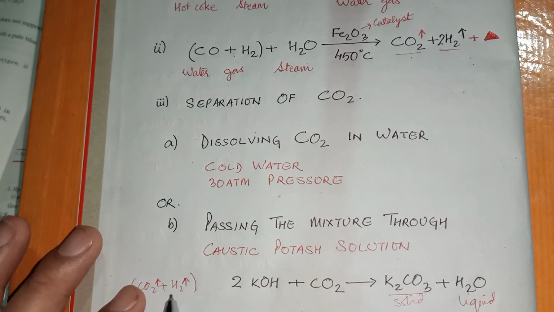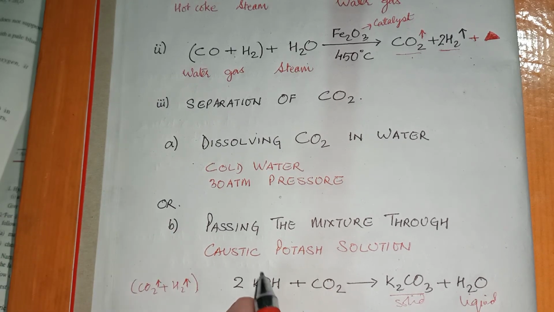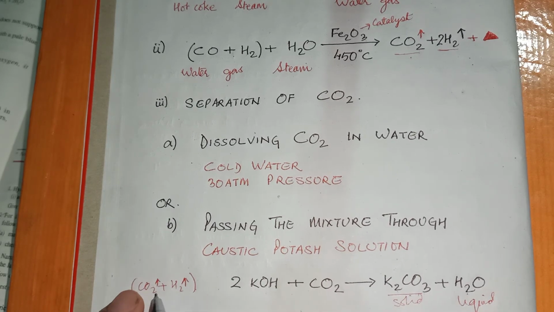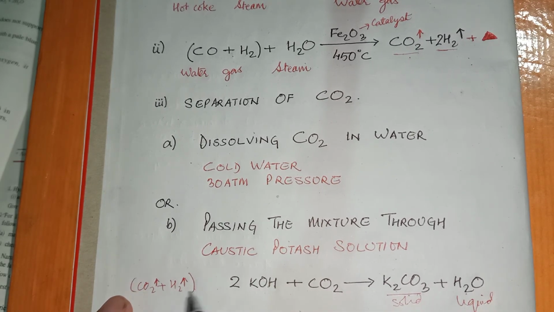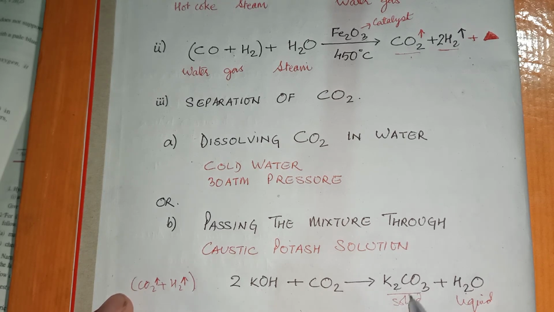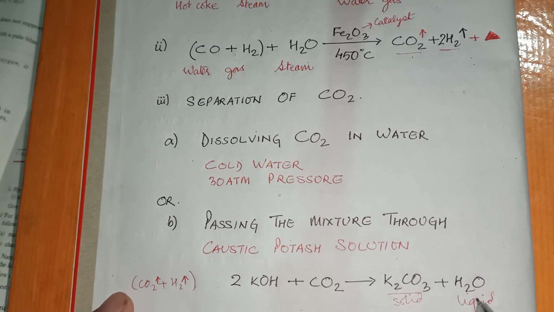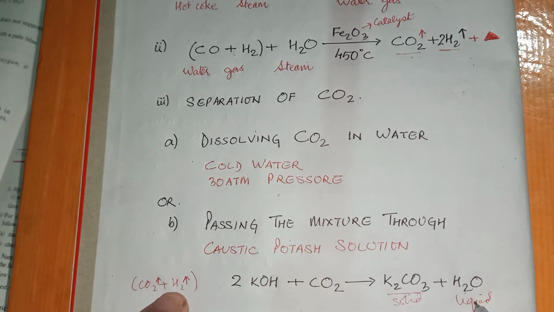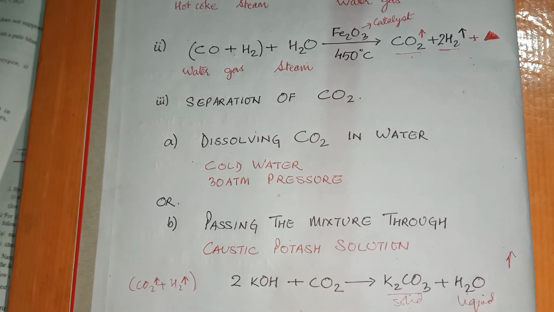Now when we pass this mixture through potassium hydroxide or caustic potash solution, out of these two gases only carbon dioxide reacts with caustic potash, producing solid potassium carbonate and liquid water, whereas the hydrogen gas does not react, and therefore it will come out from the solution as gas. This is another method by which we can separate carbon dioxide from the hydrogen gas.